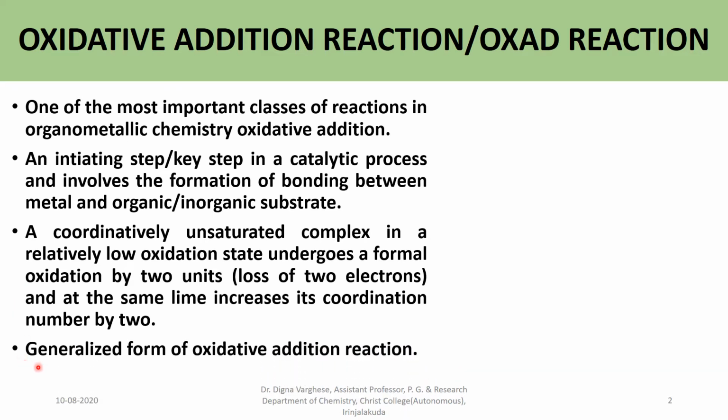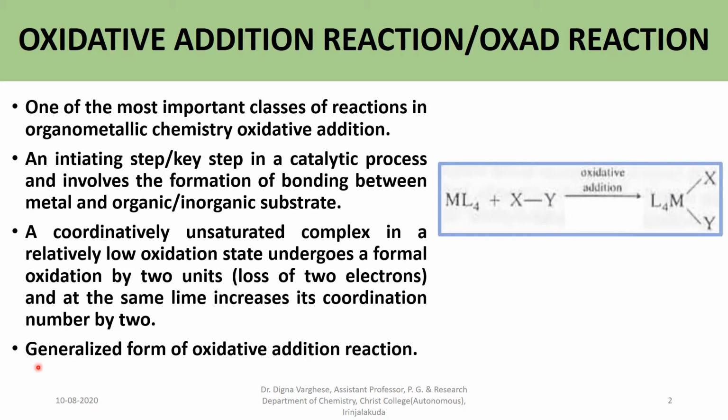The generalized form of the oxidative addition reaction is when a complex reacts with an organic or an inorganic substrate and undergoes oxidative addition. Here the metal is in the N plus oxidation state and the coordination number is 4.